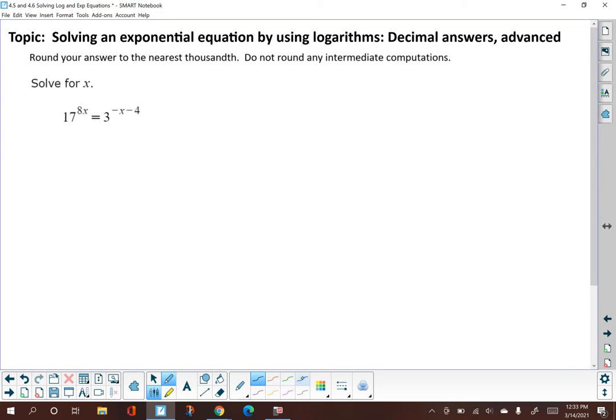So the first thing that we're going to do is, we can't really rewrite this into a log form because we have an exponential on each side, or we could write it in log form, but it would be awkward because of the exponential on both sides. So we're going to start by just taking the natural log of both sides.